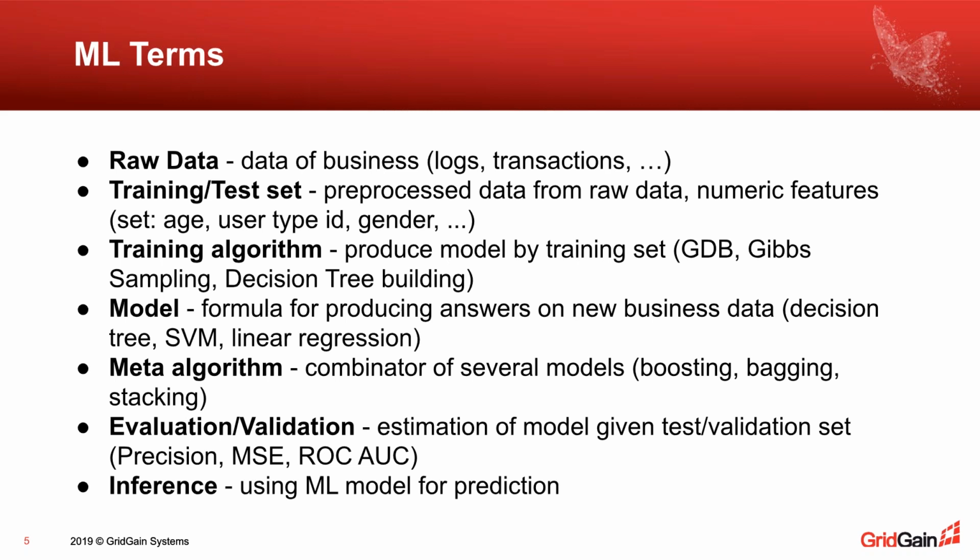The next main term is a training algorithm. It's the method by which we produce our model using our training set. And a machine learning and deep learning model is just a formula for producing new data based on our business data.